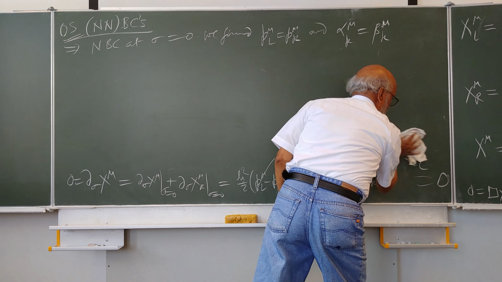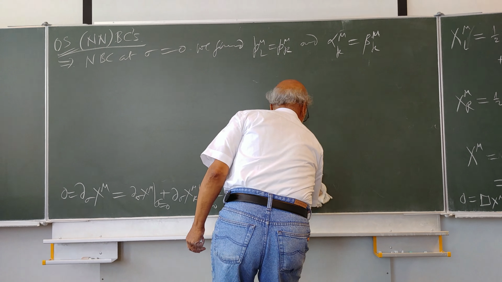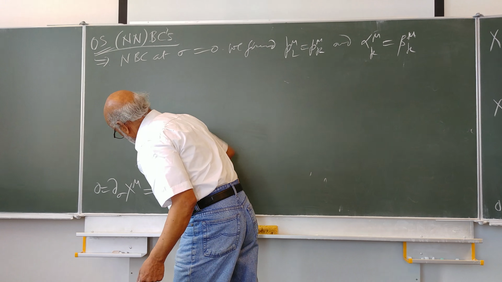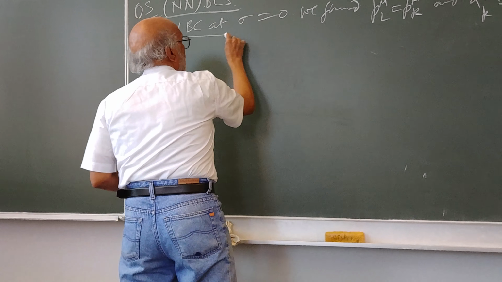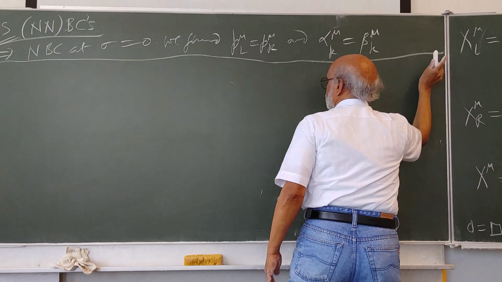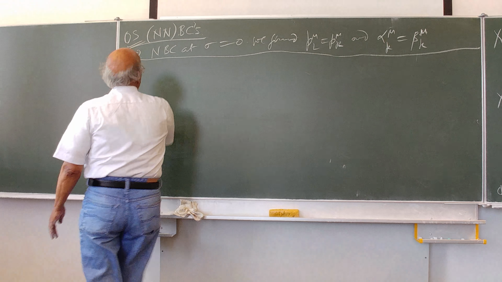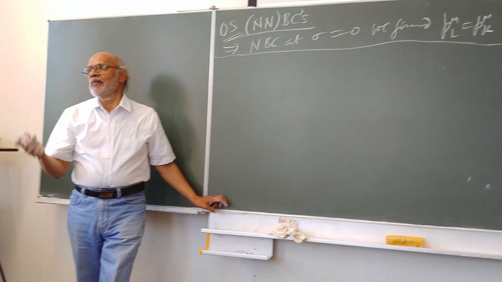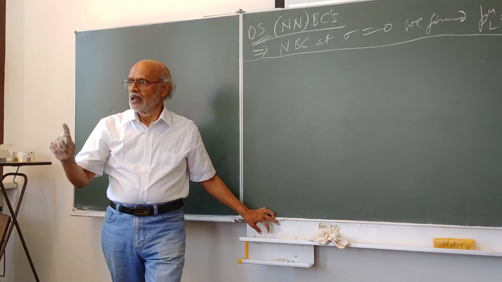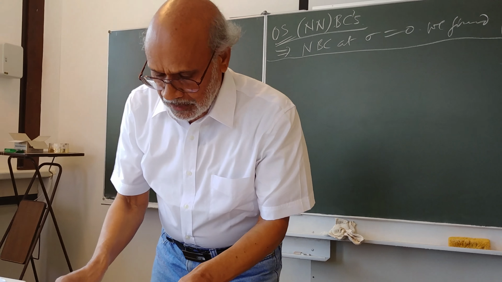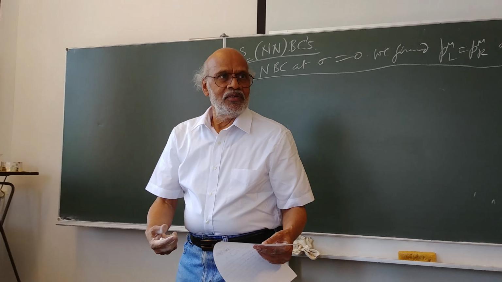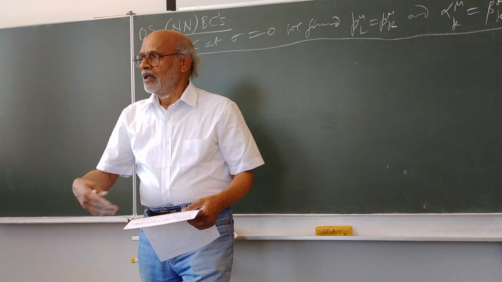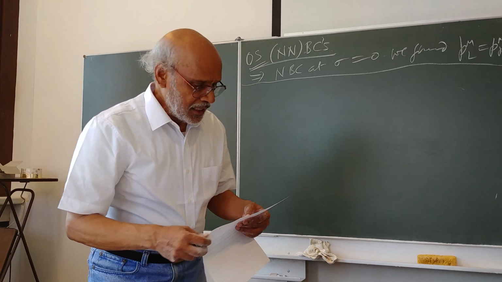Now we would like to use the other end, where we have not yet applied the condition. So we need to apply Neumann boundary condition again, but now for sigma equal to pi, at the other end of the string, and this might give us additional conditions.